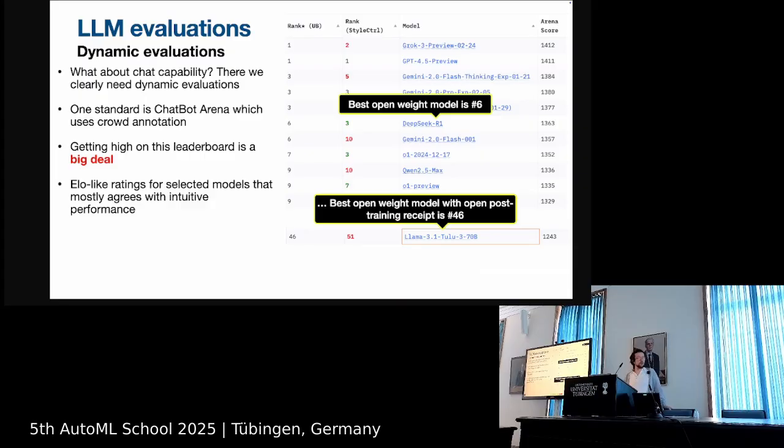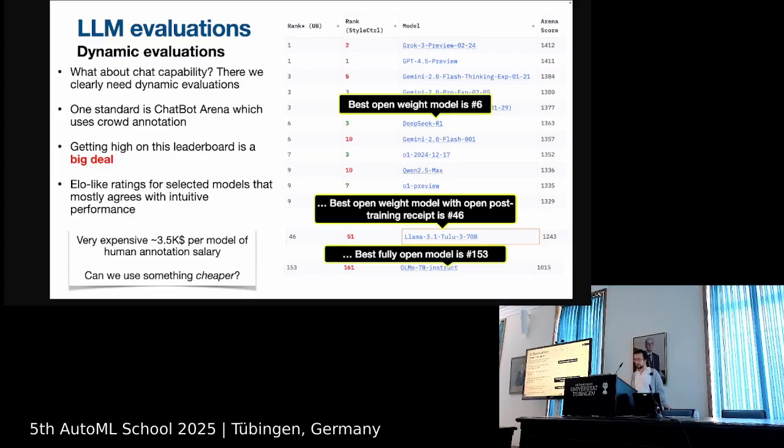If you want an open weight model with code available for the post-training, you have to go to the 46th position. And if you want a model that is fully open, so open weight is not open source, so you don't have the code to train, you don't have the data, you have to go down to 153. So just want to mention that.